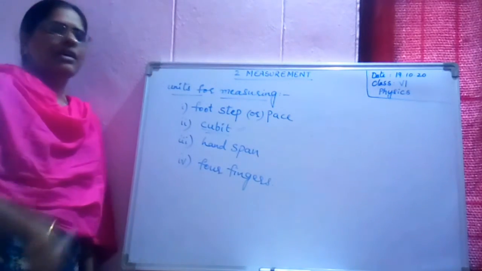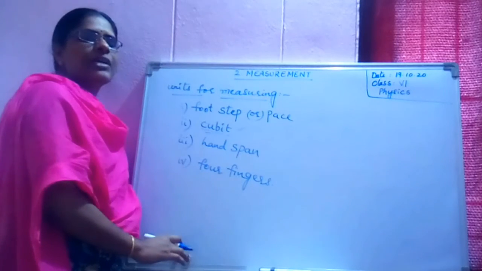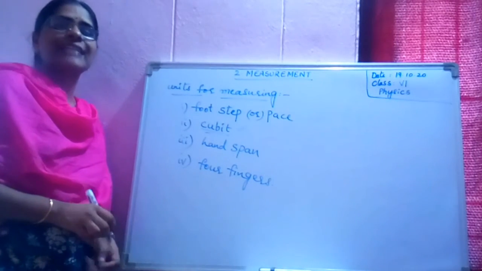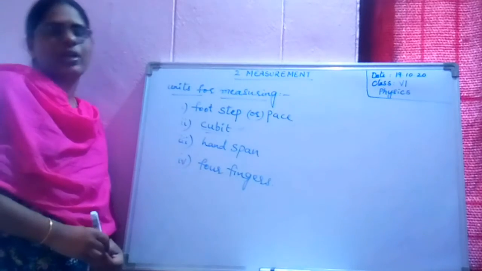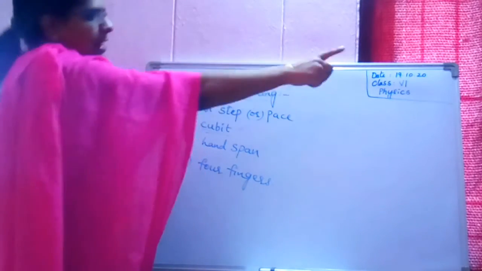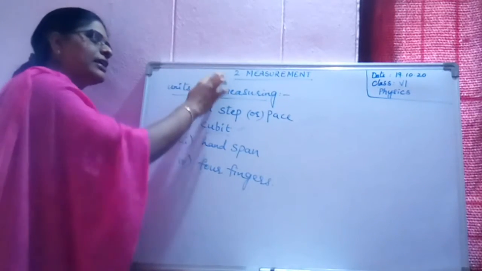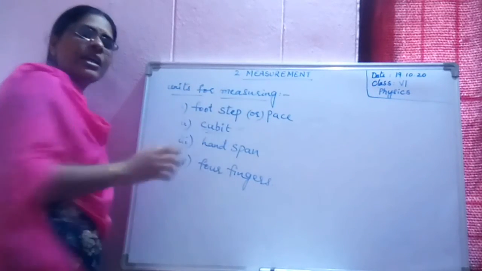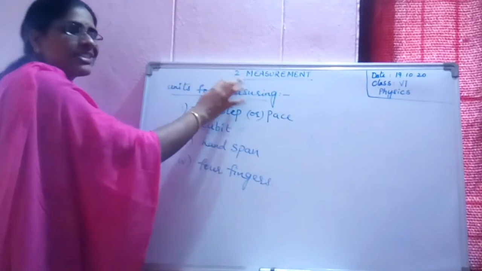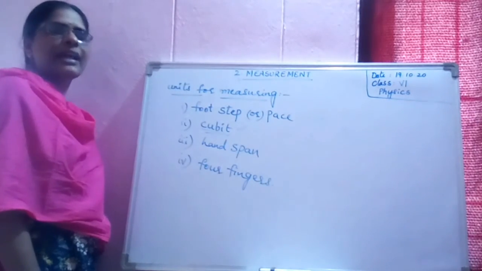Now, why are we neglecting these units? Because these units are not exact and correct. See, if I measure the length of the board and I get 10 centimeters, and if someone else also gets 10 centimeters, then it is accurate and correct.